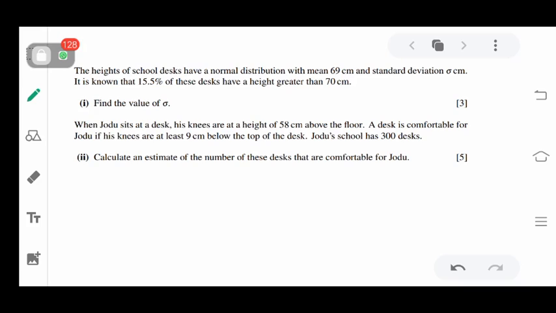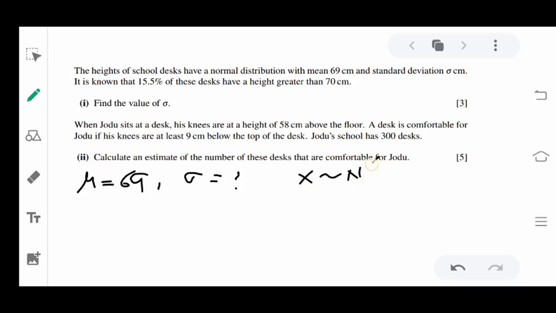So when we look at this question, the mean is given as 69 centimeters and the standard deviation is sigma. So the random variable x is distributed normally with mean 69 and variance sigma squared.